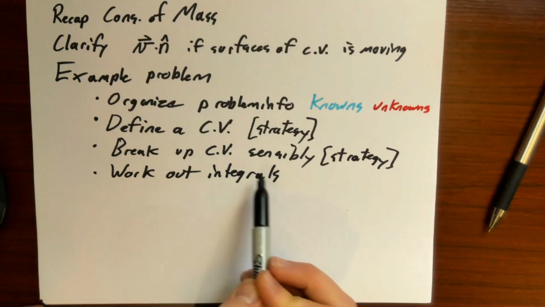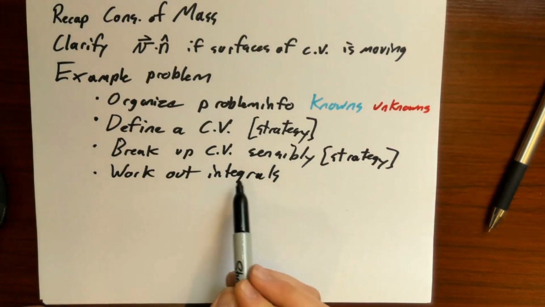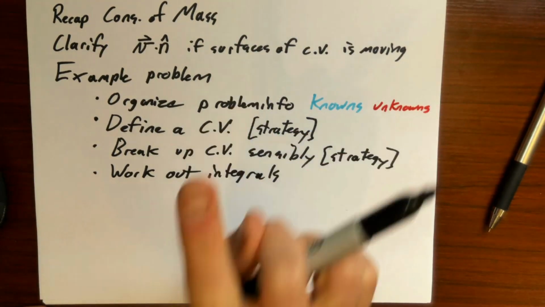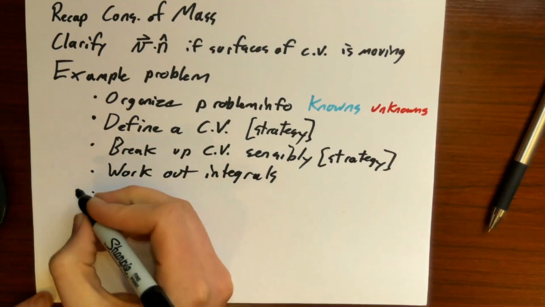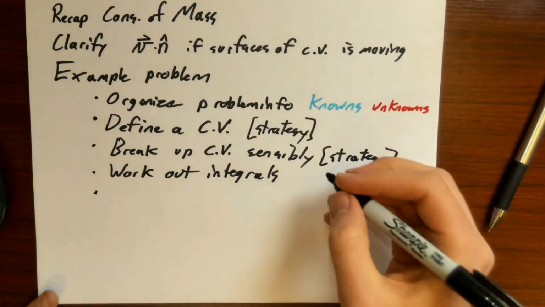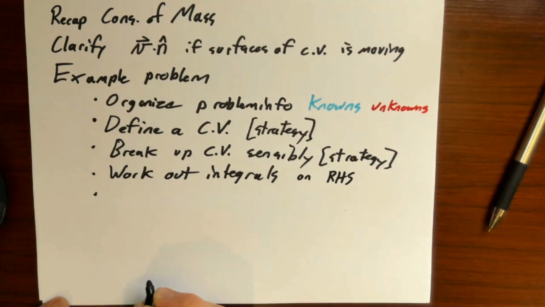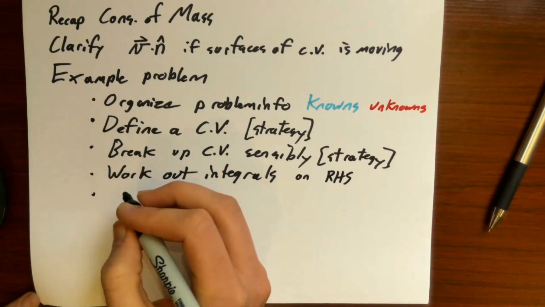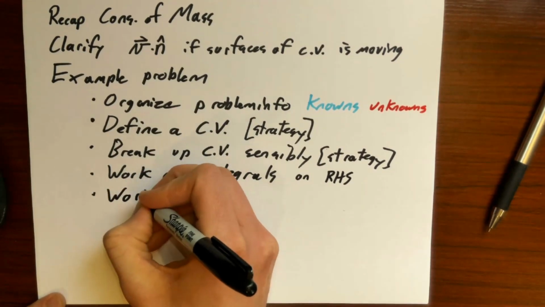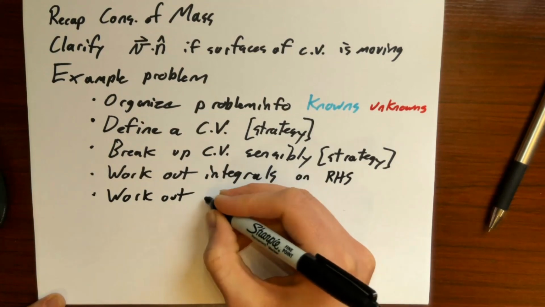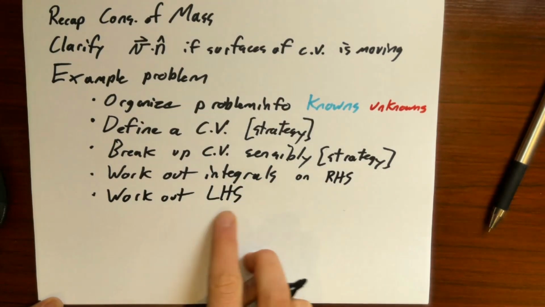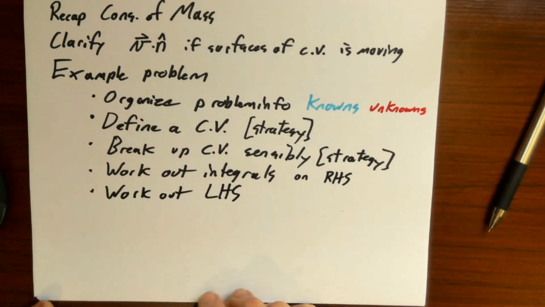A lot of times we'll be able to pull out a whole ton of constants, so these integrals aren't going to be too bad. Don't panic. And once you've worked out some integrals on the right-hand side of the conservation of mass equation, we'll also need to work out the left-hand side, right, if there's any goofiness going on there.